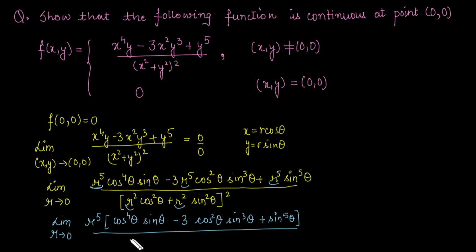Again it has a square, so we have r raised to power 4 times (cos square theta plus sin square theta).